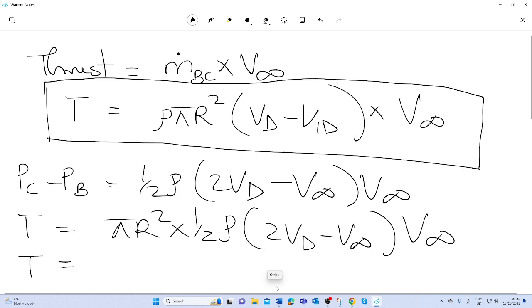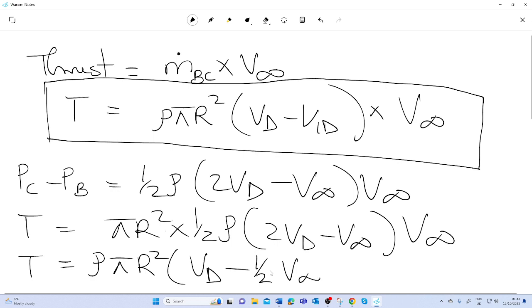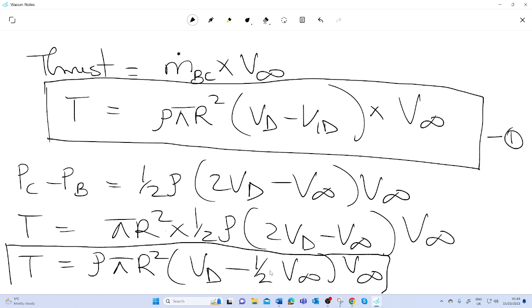Then T equals rho pi r square into (Vd, that is to cancel this Vd, minus half V infinity) V infinity. And this is another equation to be compared. So this becomes equation 1 and this becomes equation 2.